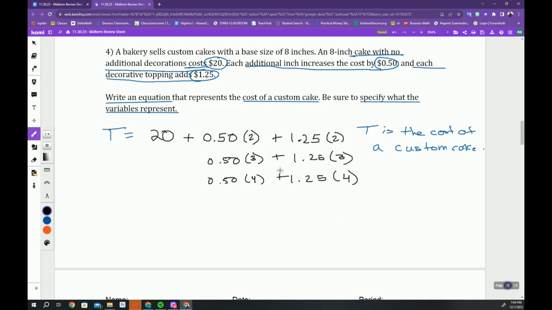So when we're creating the equations, we want to think about what value is always changing. If we look at this, the 50 cents is always the same, but the number of inches you add will multiply it. So we're going to create a variable for that.